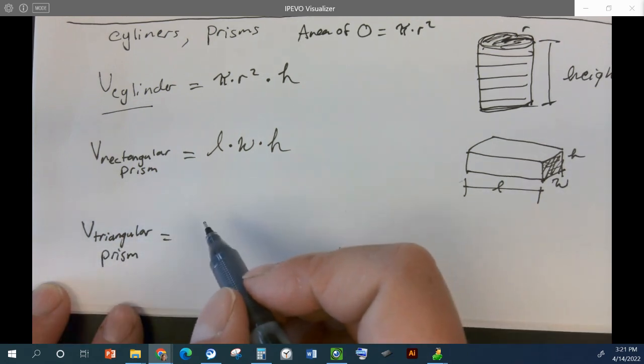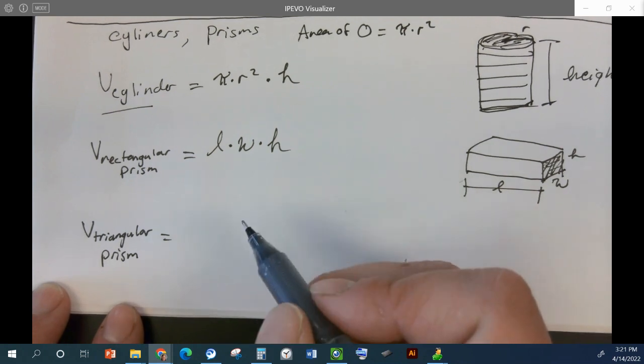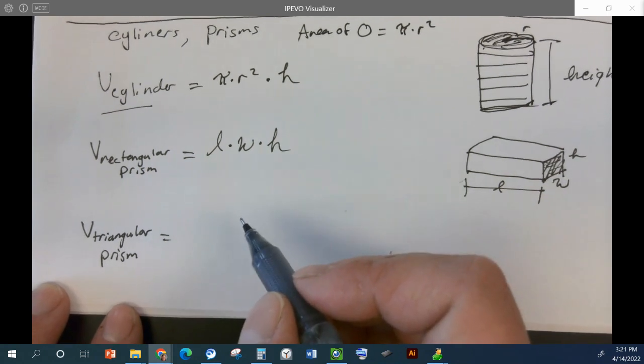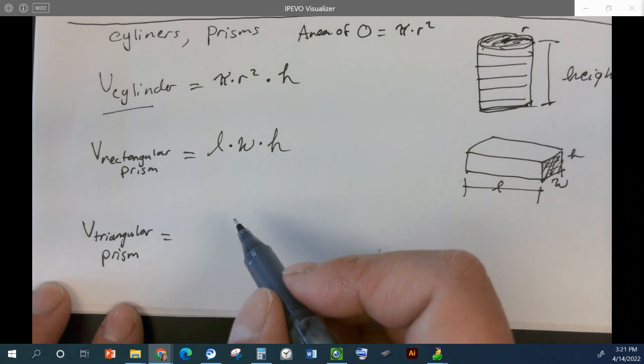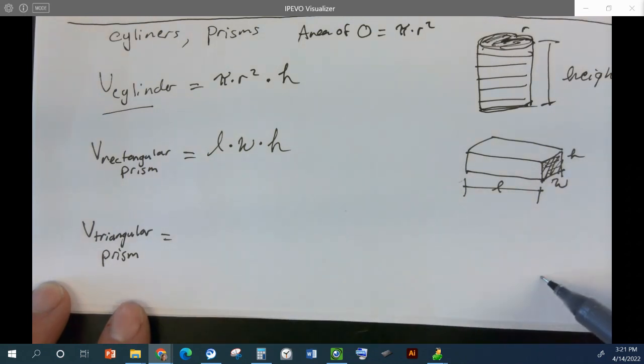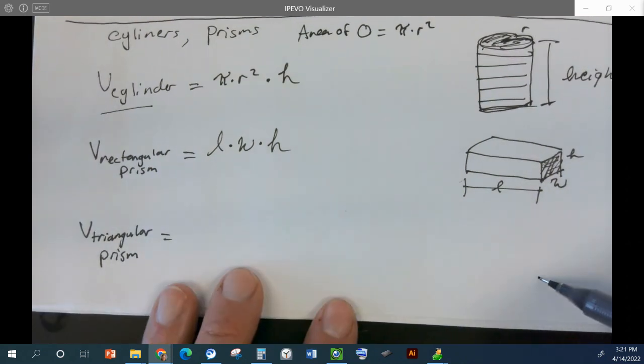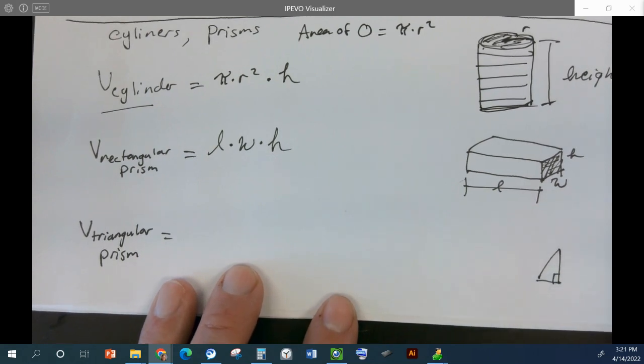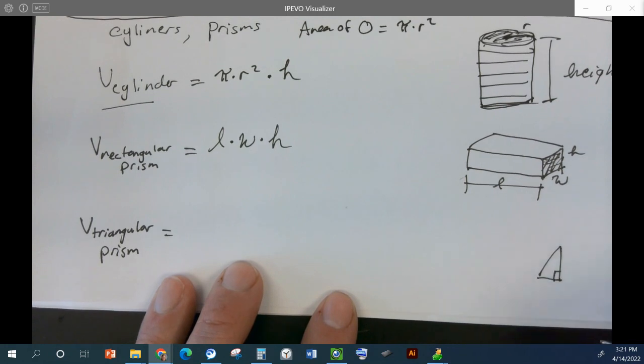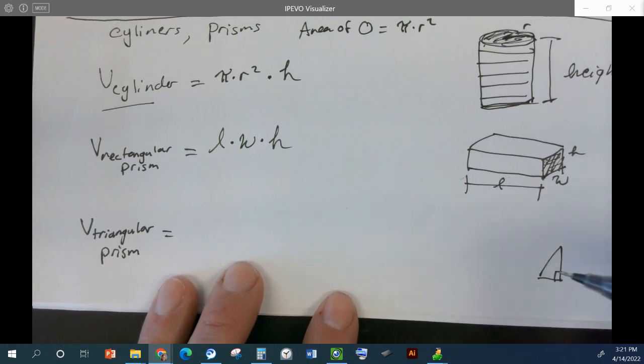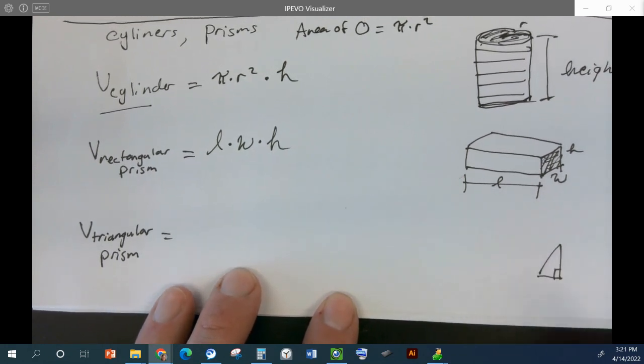So we are going to use this formula. Where did it go? So let's draw a picture of it. We might have something like this, and all of ours are going to have some kind of 90-degree angle. So we want to use the sides that are near the 90-degree angle.